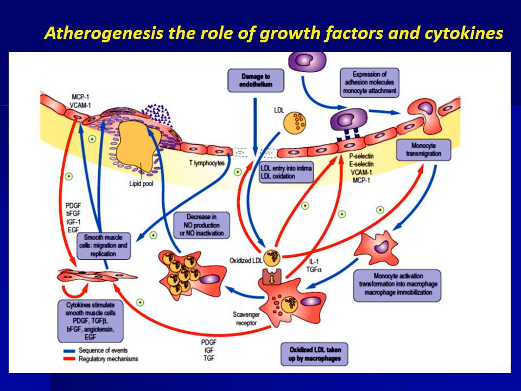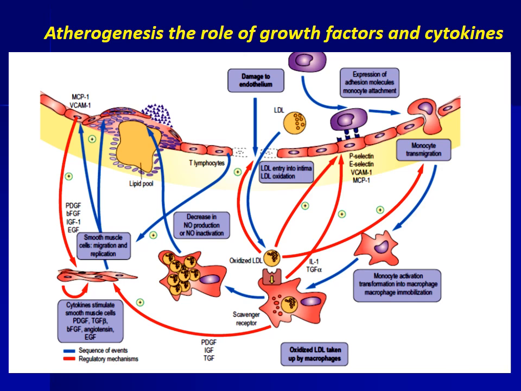Atherogenesis, the role of growth factors and cytokines. Atherogenesis is driven by signals mediated by cytokines and growth factors generated by endothelial cells, macrophages, T lymphocytes, and vascular smooth muscle cells. There are multiple activation paths.